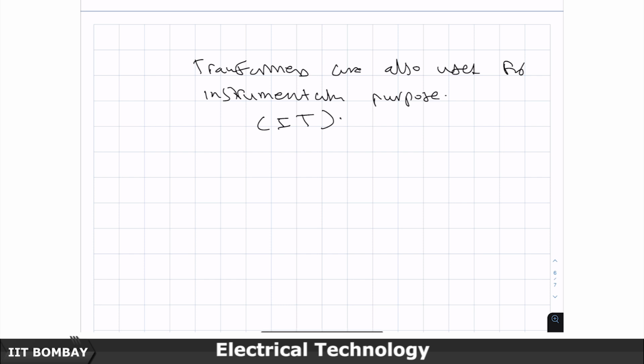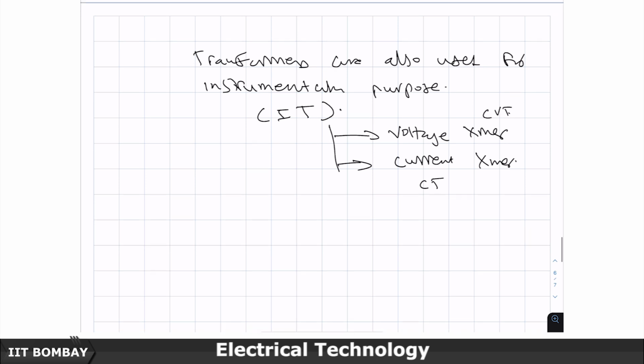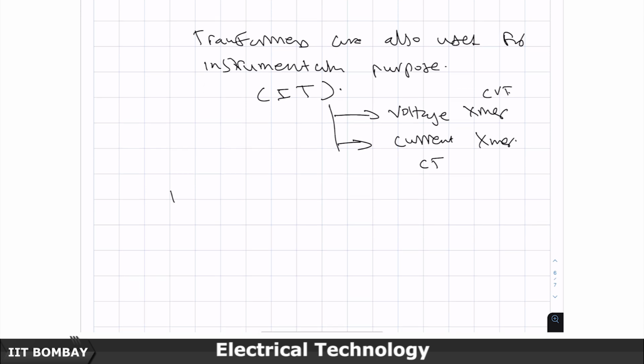Now, there are two types of instrument transformers, a voltage transformer and a current transformer. So, we use a transformer as a CT, this is called a CT, this is called a CVT. The principle is the same, but the usage is different.